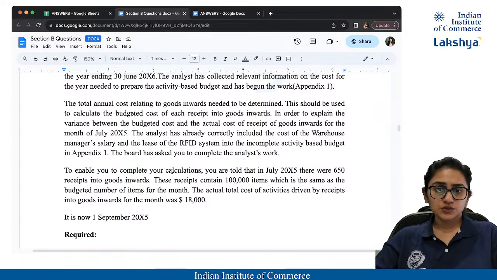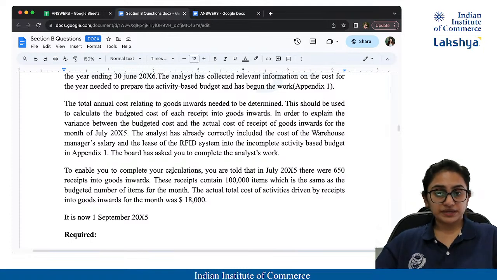This should be used to calculate the budgeted cost of each receipt into goods inward. In order to explain the variance between the budgeted cost and the actual cost of receipt of goods inward for the month of July 20X5, the analyst has already correctly included the cost of the warehouse manager's salary and the lease of the RFID system into the incomplete activity-based budget in Appendix 1. The board has asked you to complete the analyst's work.